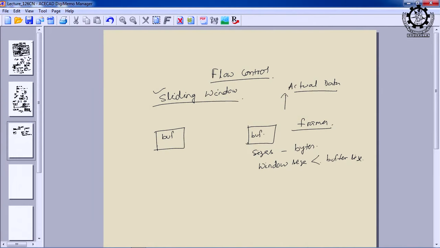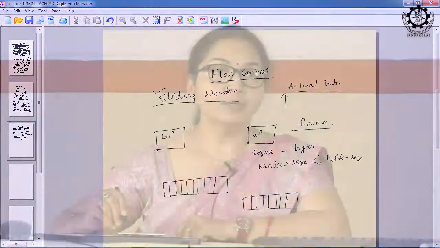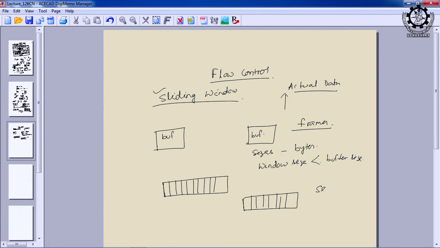And now this window that we studied in the DLL has to follow the same principle in the TCP layer as well, but the only difference is that instead of the frame numbers, you are using either the segment numbers or the byte numbers, right.